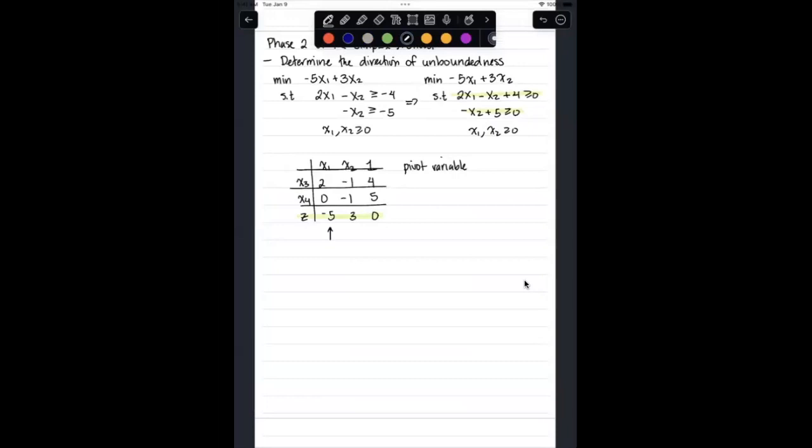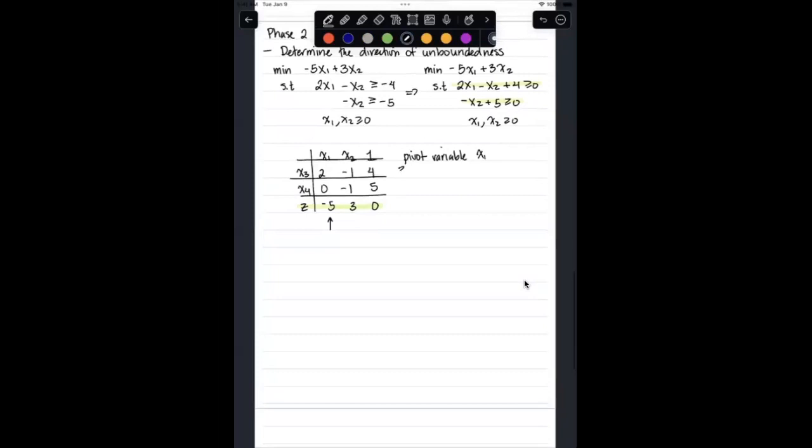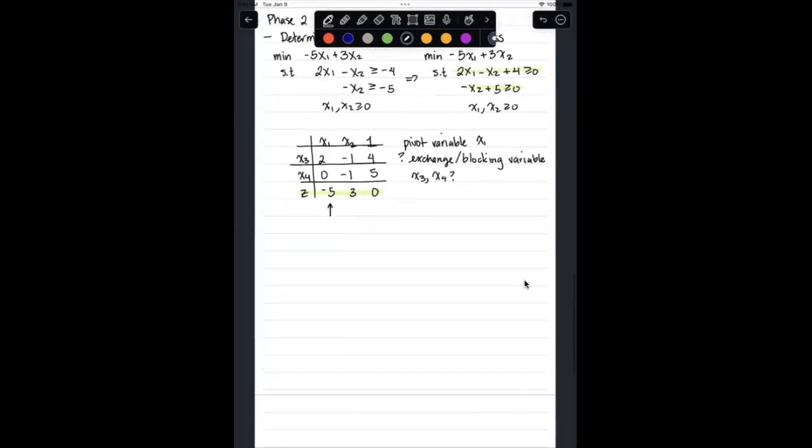So in this case, the only negative is negative 5, and that corresponds to x1. So our pivot variable is going to be x1. And now we must determine what is our exchange or blocking variable. So it's either going to be x3 or x4.